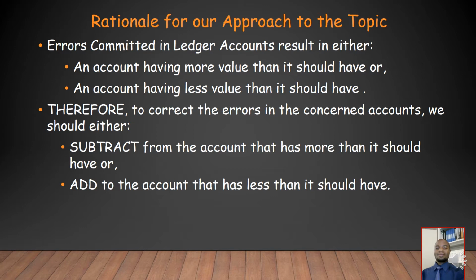And so this topic about the correction of errors and the suspense account, limitations of the trial balance, it is all about addition and subtraction. Subtracting from accounts that have more because of an error and adding to accounts that have less because of an error.